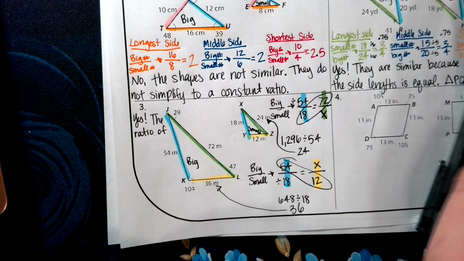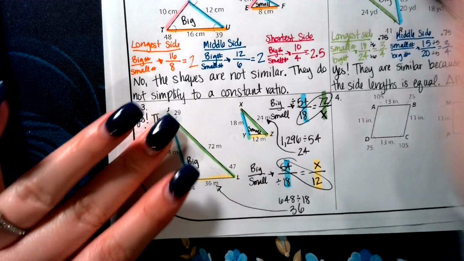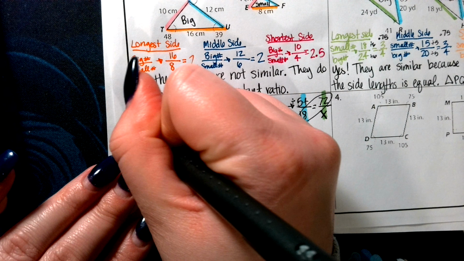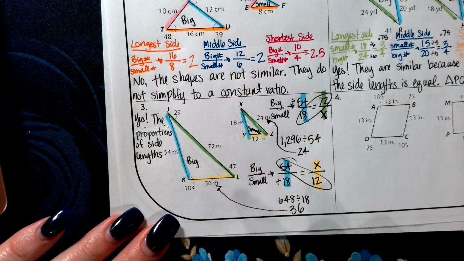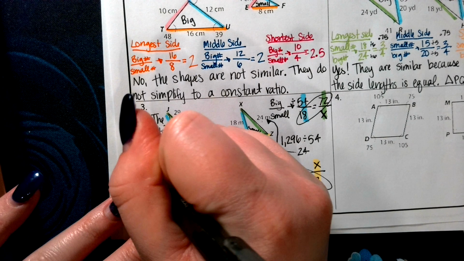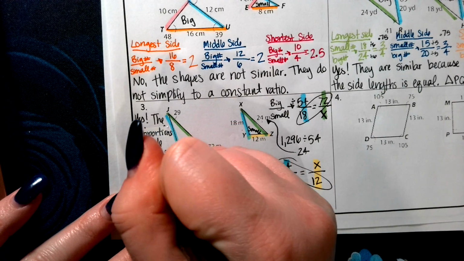So we would say this time the proportions of side lengths equals the missing sides.